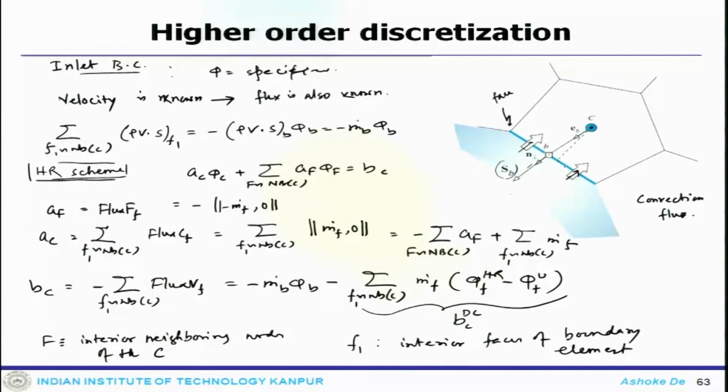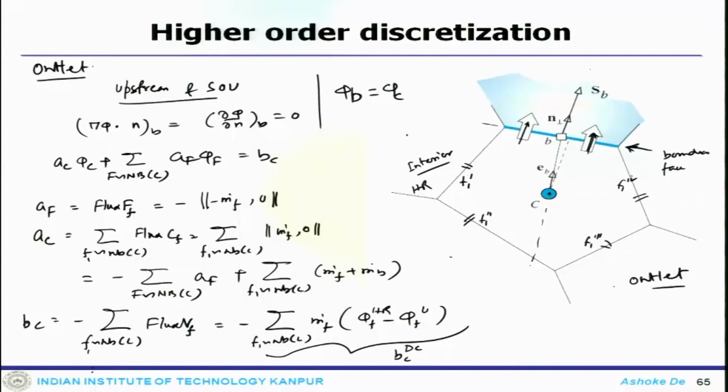So, with the objective of keeping the application of the HR scheme consistent with all your interior discretization, we looked at the different boundary conditions. The first one we looked at was the inlet, where you come across all these coefficients and you can see the corrections which arise due to the deferred corrections. Similarly, at the outlet, the final equations or the source term will have some deferred corrections.